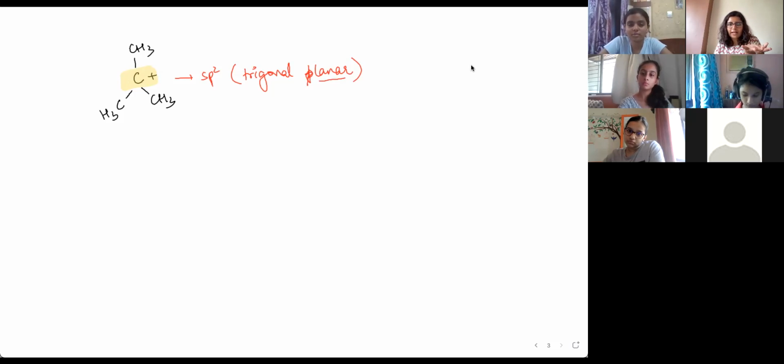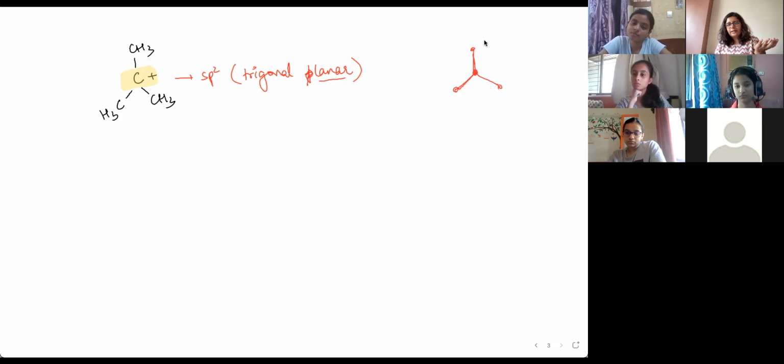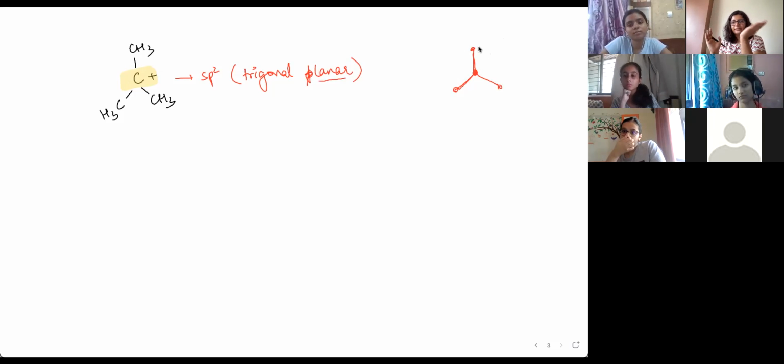And as Kaveri said, 120 degrees, 3 bonds. So this is what it's going to look like: you have a central atom here and the 3 bonds are over here. What you're seeing on the screen is vertical, so if I put it horizontally, it's going to be flat like this, sleeping here.